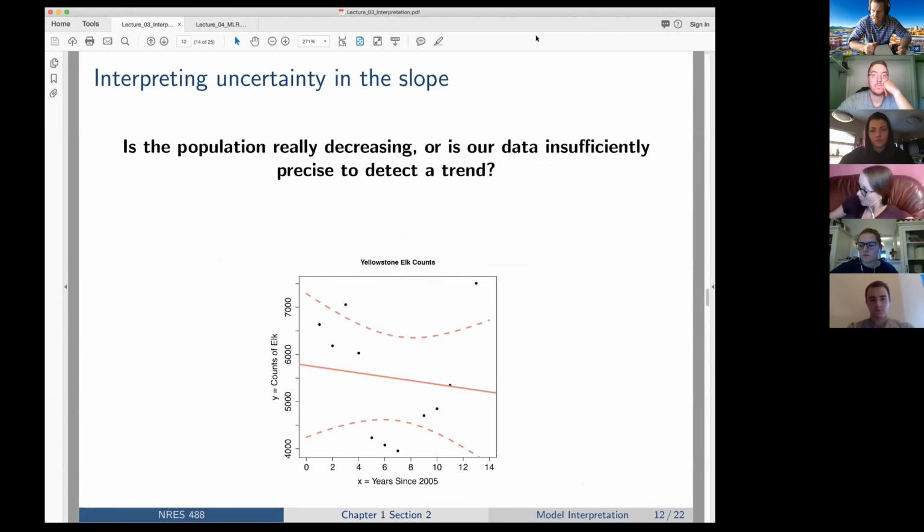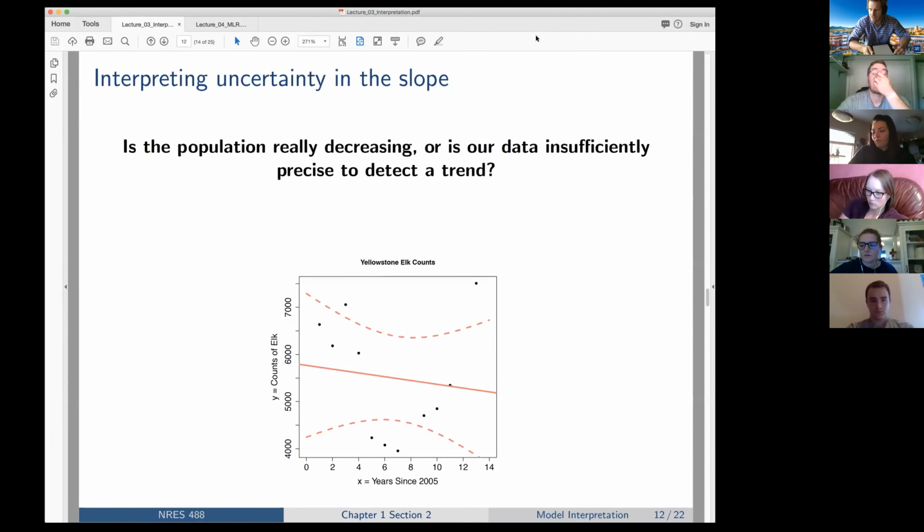R is going to give us a line no matter what, no matter how appropriate simple linear regression is for the elk data. And it's up to us to check the appropriateness of this model for the data we're dealing with. That's what model checking is all about, to make sure that the model we're using can actually produce data that look like the data we observe.